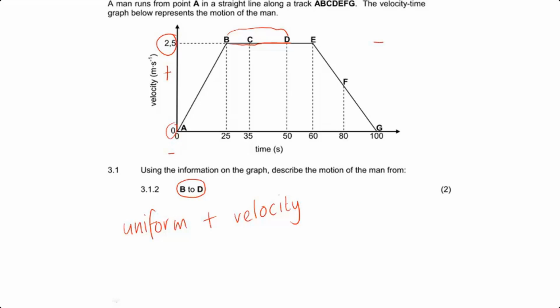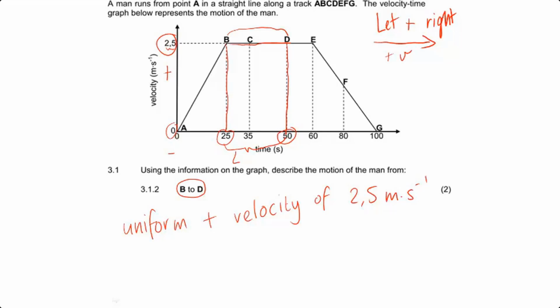What does a positive velocity mean? It means that the man is moving in the positive direction. If we take the positive direction to be right, so we say let positive direction be right, then a positive velocity means that he's moving towards the right all the time. So there's a uniform positive velocity. The magnitude of that velocity is 2,5 meters per second, and the duration of this interval is from time equals 25 seconds to time 50 seconds.